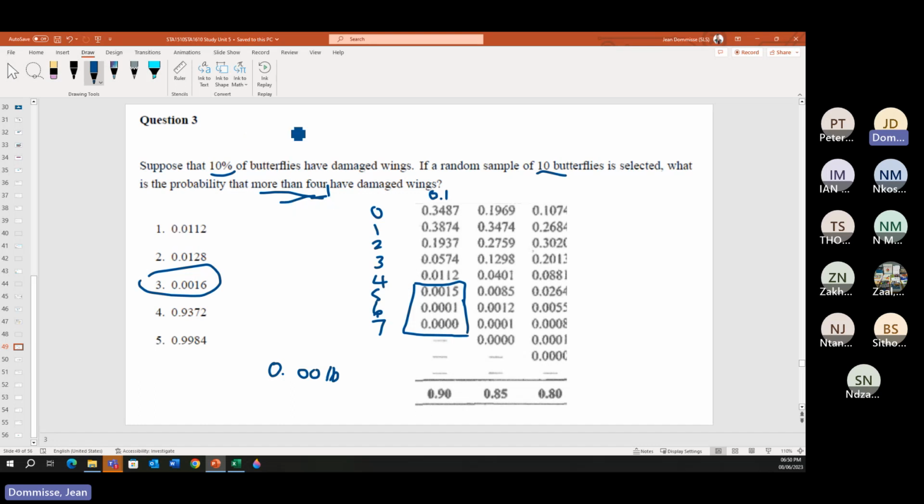If we needed to write it down, it would have been the probability of x bigger than 4. It could have been also the probability of x bigger or equal to 5, because then it includes 5 and bigger. So this is two ways that we could have written it as well as a formula.